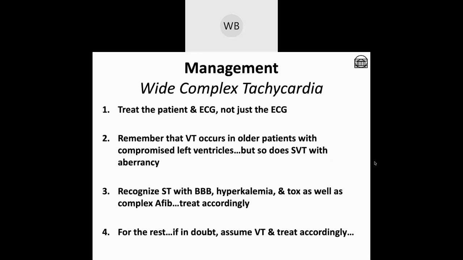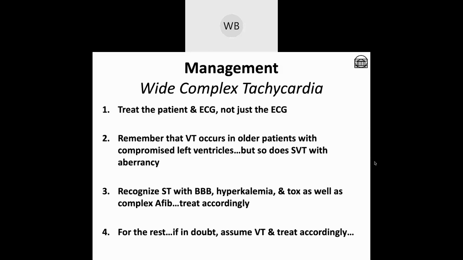Okay? So we really do see both categories of rhythms all across the age spectrum. Recognize that sinus tachycardia with bundle branch block, hyperkalemia, and toxic effects, as well as complex A-fib, do present and probably need to be treated differently than electrical cardioversion or intravenous procainamide.